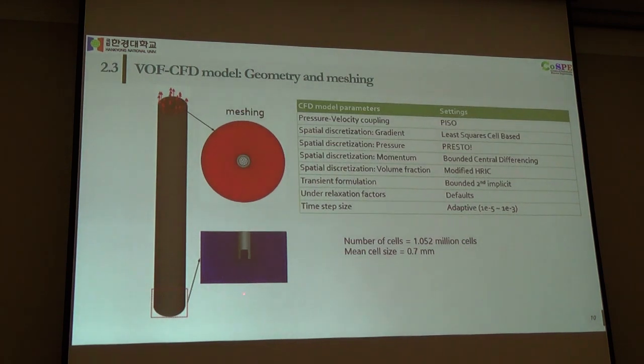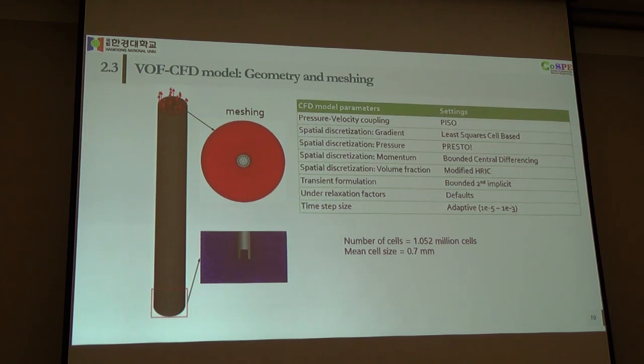So this is the mesh structure, and the number of cells is just more than 1 million cells, and we ensure that the cell size is just 0.7 millimeters. So that's why we can predict any bubble with a size higher than 0.7 millimeter.